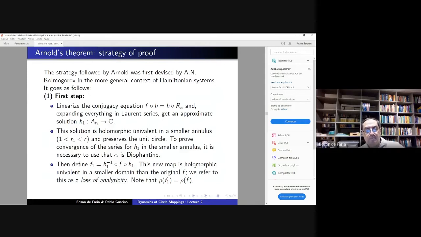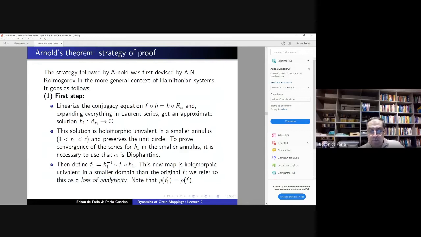This f1 is, again, analytic, defined on an annulus around S1. It's holomorphic and univalent, so it also preserves the unit circle. So it's a new analytic diffeo, and it has the same rotation number as f. That's important, okay? So then you can do with F1 what you did for F, and then you can keep doing this inductively.